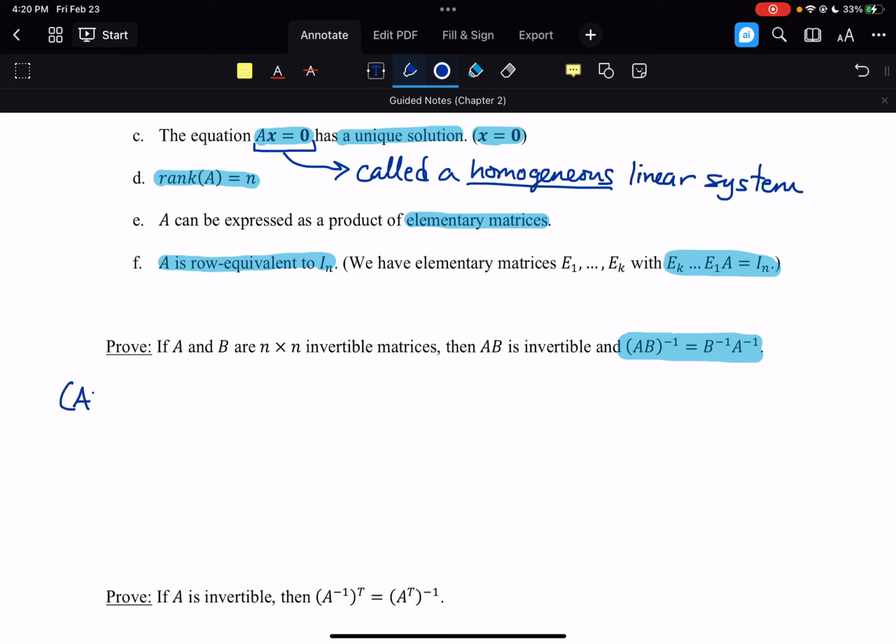So we'll start off AB times B inverse A inverse. We can go ahead and regroup parentheses. So I'll go ahead and regroup around the middle two.